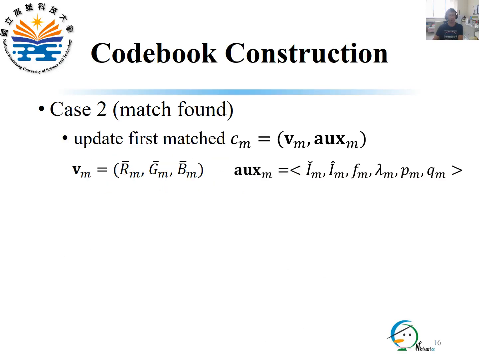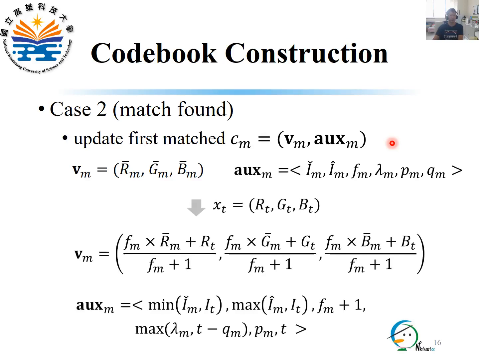In the case with a match found, we update the parameters of the first matched cohort C_n by X_t according to these two equations. The numerator is the intensity sum in the R channel until now, the sum before update plus R_t. The denominator is the total number of observations matching C_n.